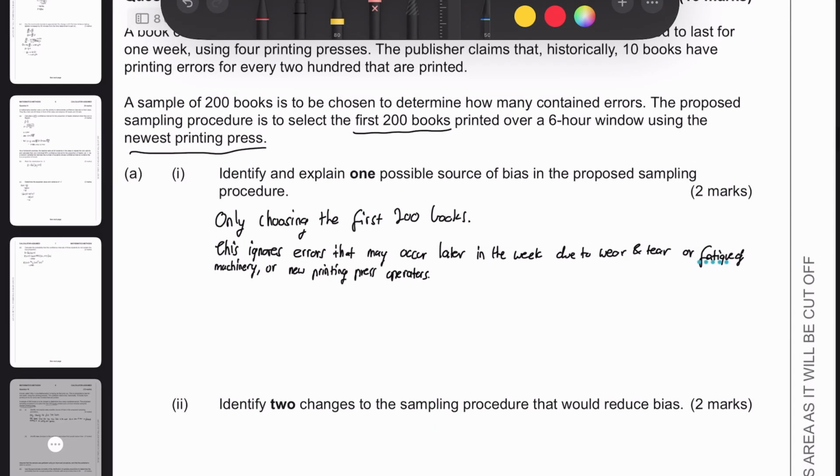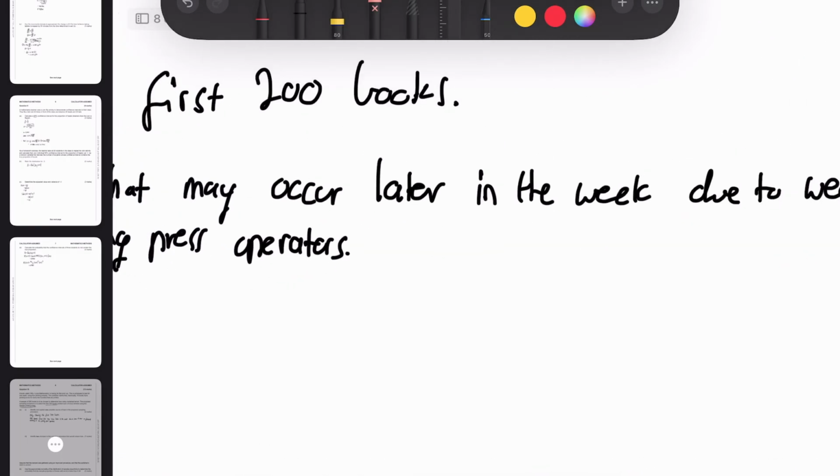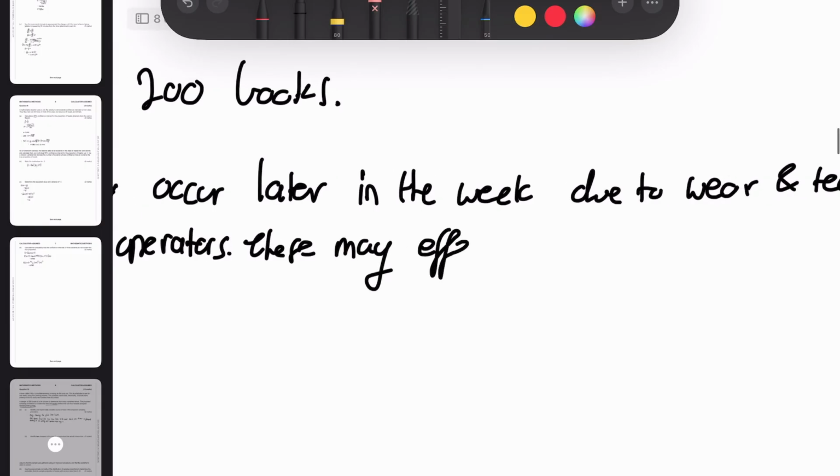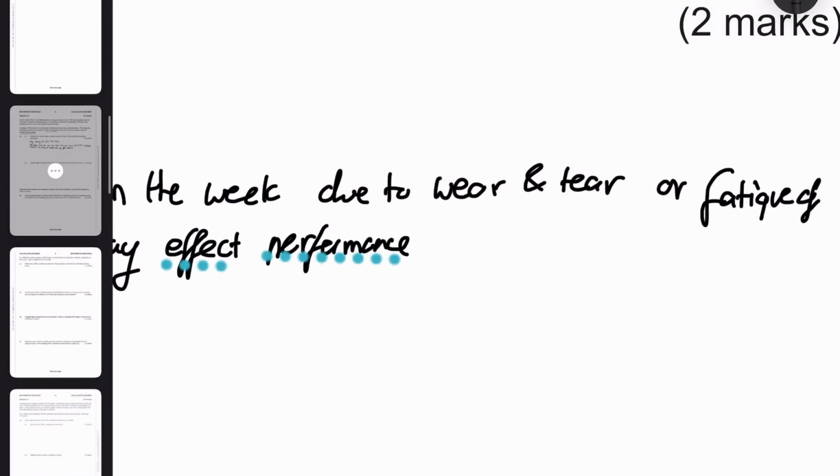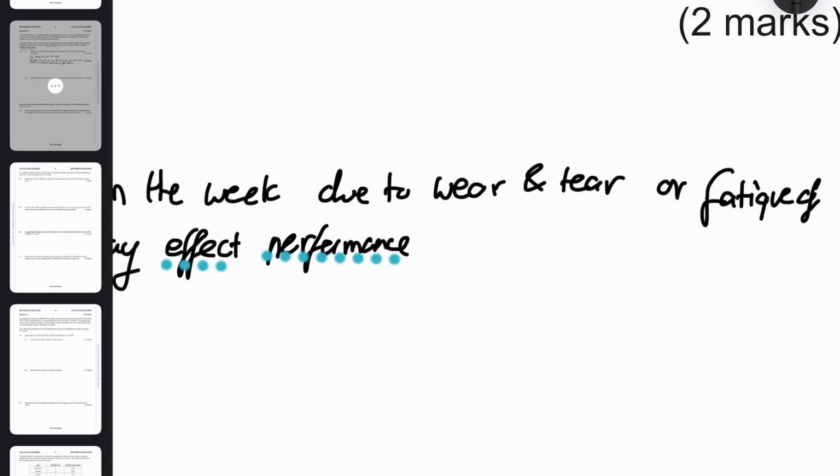Okay, the performance might change, affecting performance as the week goes on. So I'm pretty much just taking this straight from the marking key here. These may affect performance throughout the week.